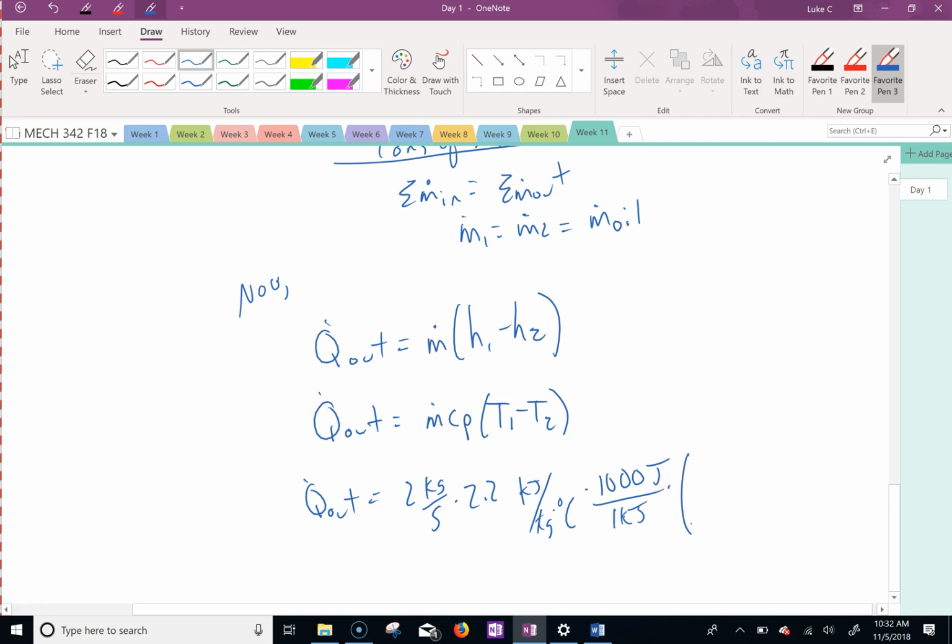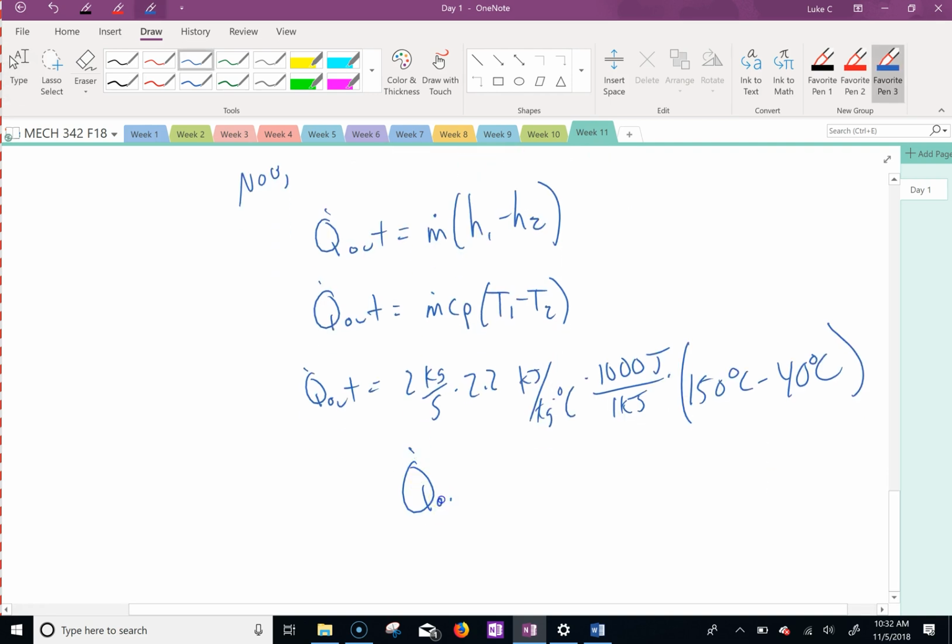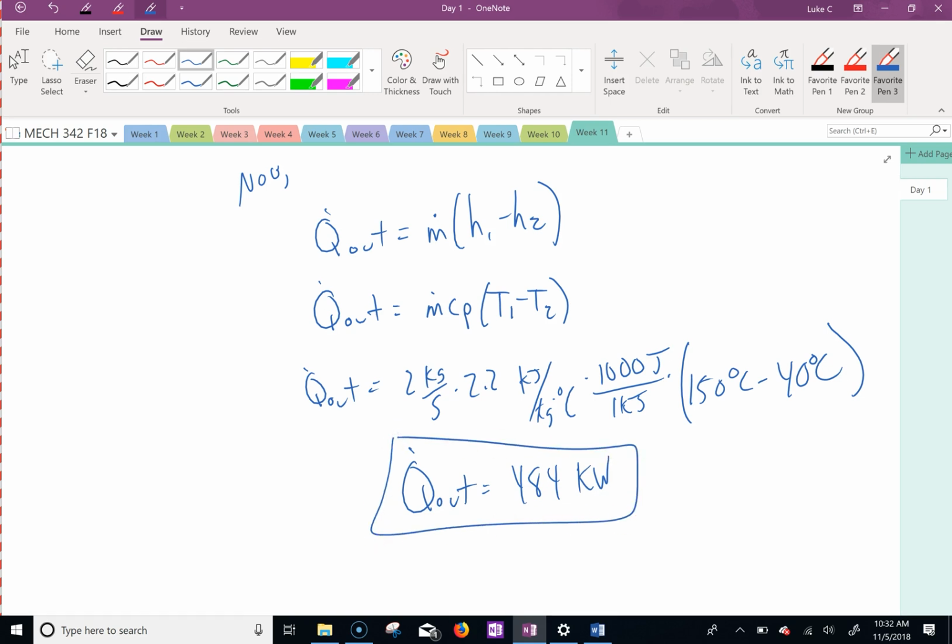Times T1, 150 degrees C minus 40 degrees C. Q dot out becomes 484 kilowatts. We just found Q. Okay.